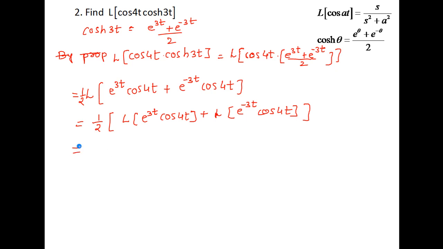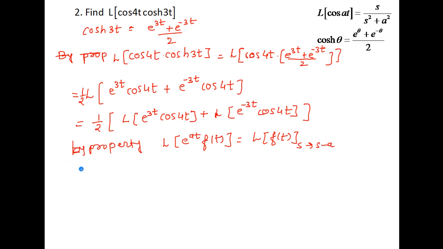Now here we can use the property. So what is the property? The property is, if your function is multiplied by an exponential term, then we can find its Laplace of f of t and after finding the Laplace, replace s by s minus a, and if it is minus a, replace s by s plus a.